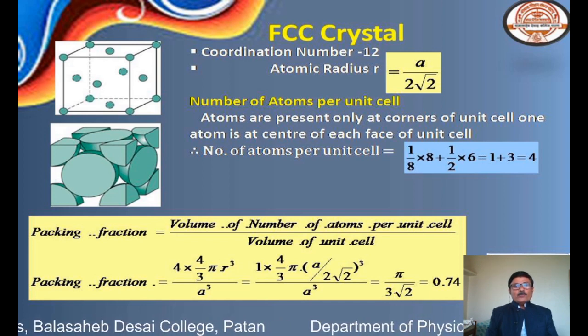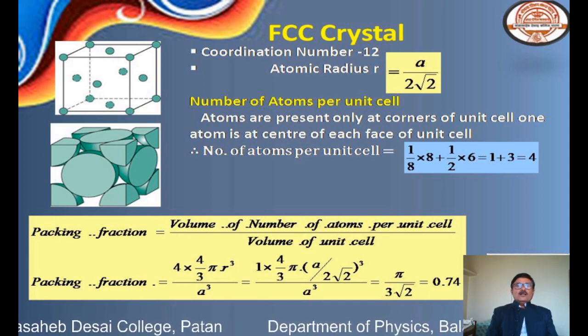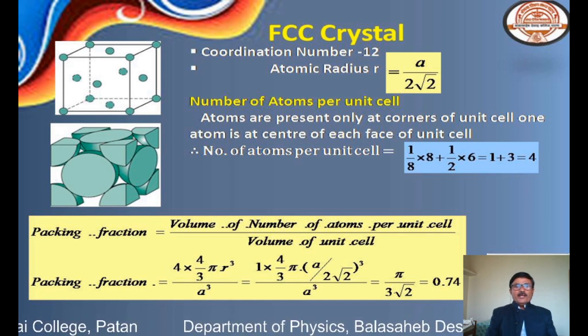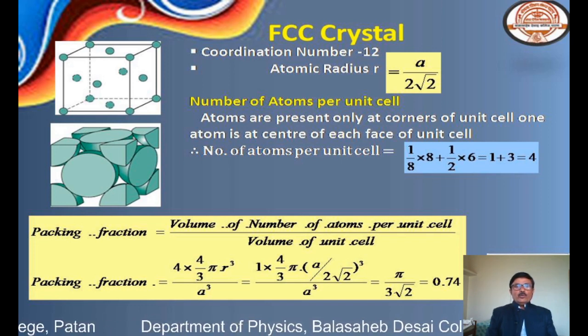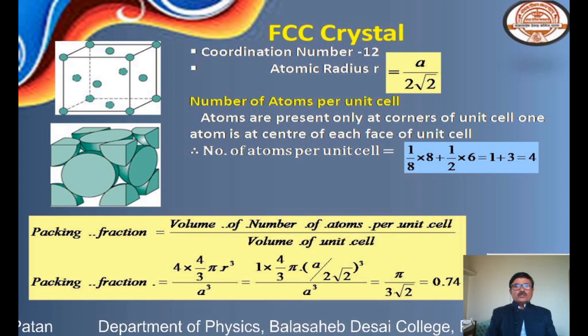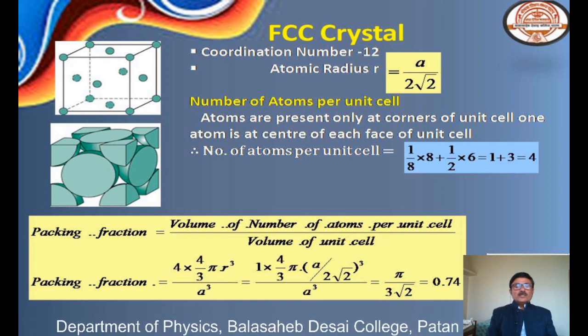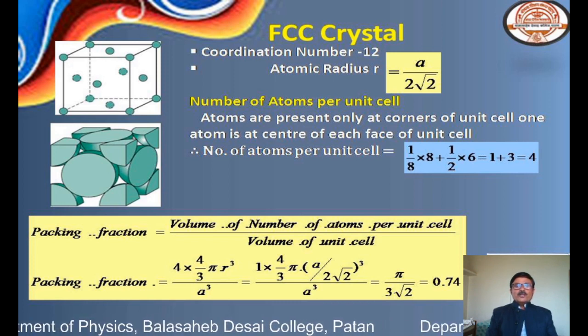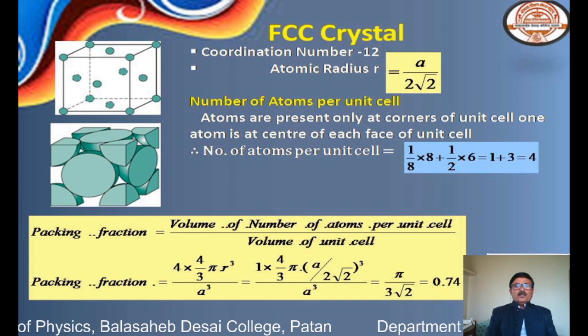So if you calculate the number of nearest neighboring atoms to the corner atom, you will observe that there will be 4 atoms in a plane, 4 atoms below the plane, 4 atoms above the plane. So there will be total number of 12 atoms which are nearest neighboring atoms to any corner atom. Therefore, coordination number for face centered cubic crystal is 12.